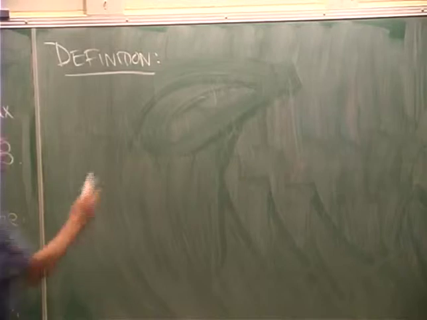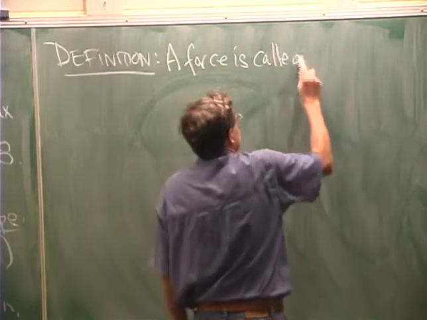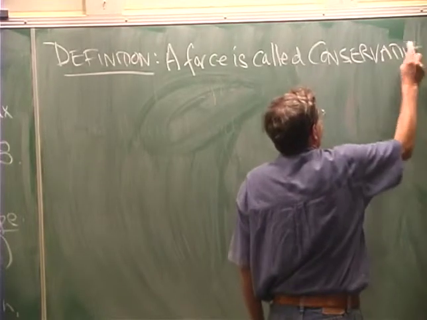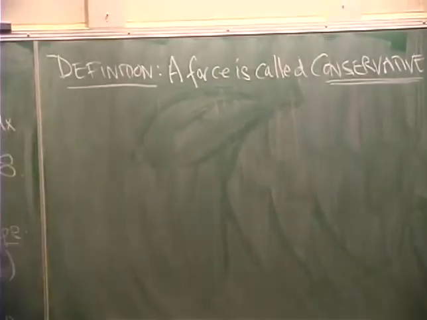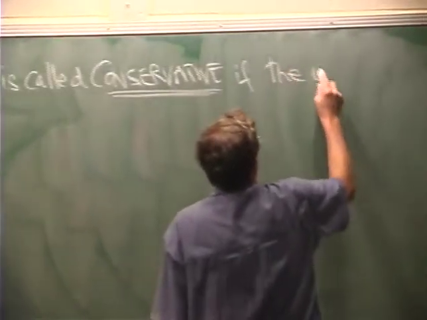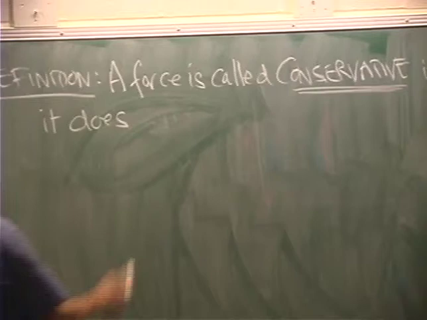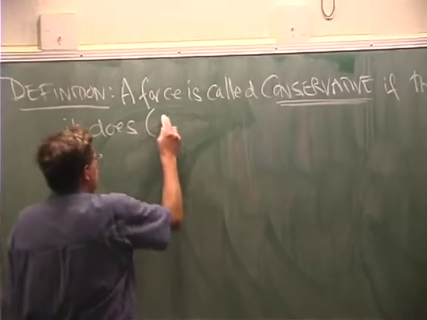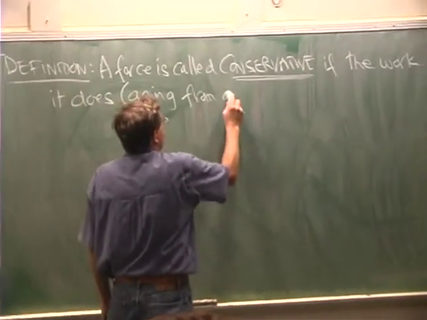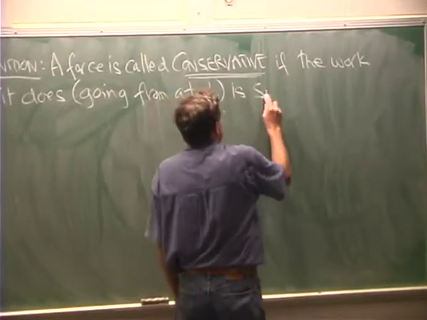A force is called conservative if it has that special property that the work it does going from A to B, any old A and any old B, is independent of the path taken.